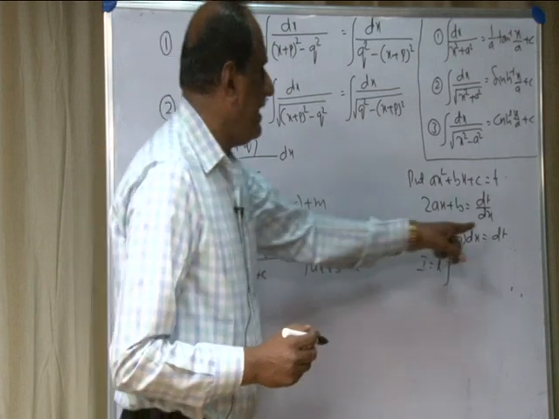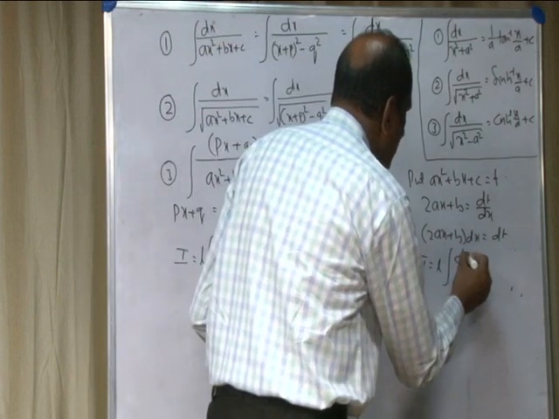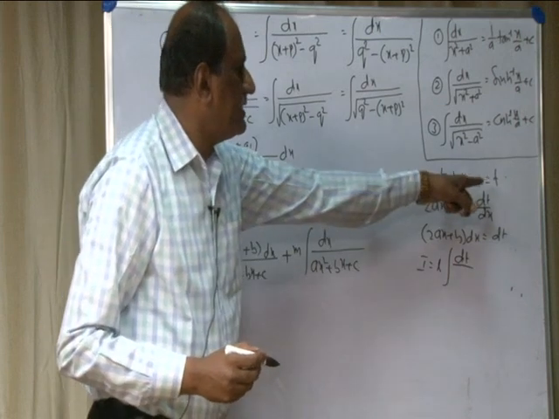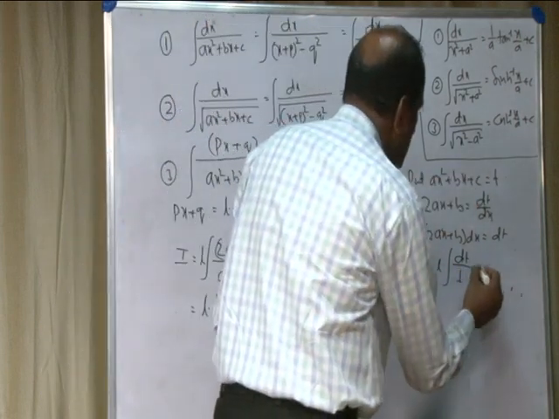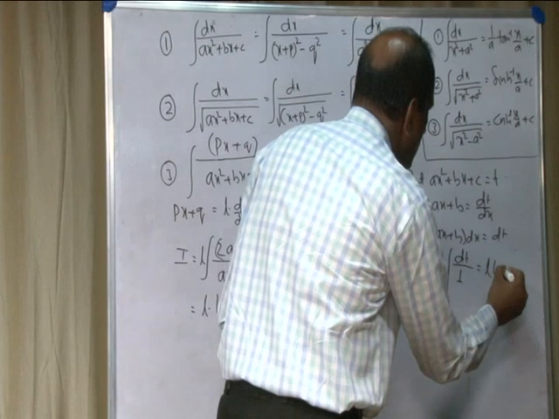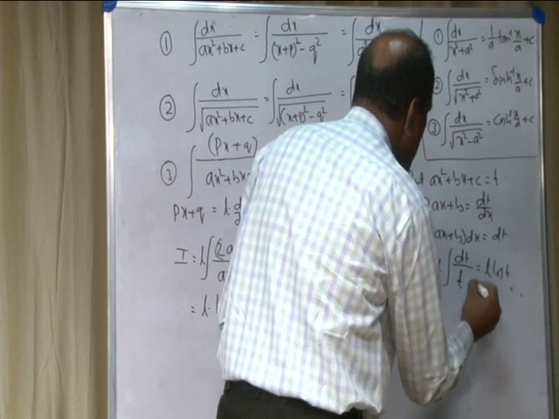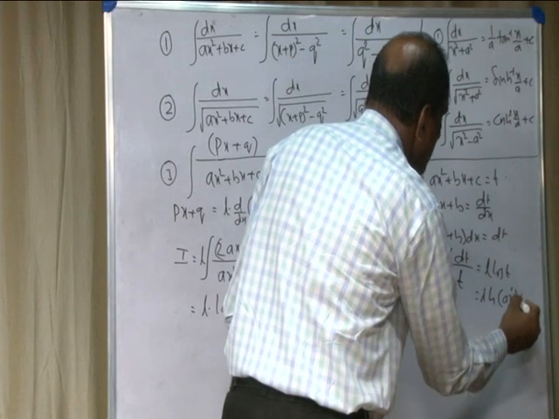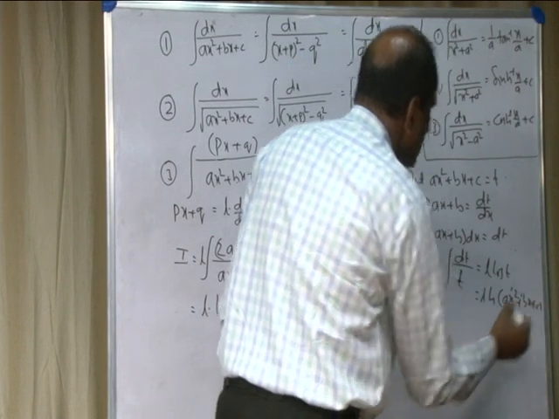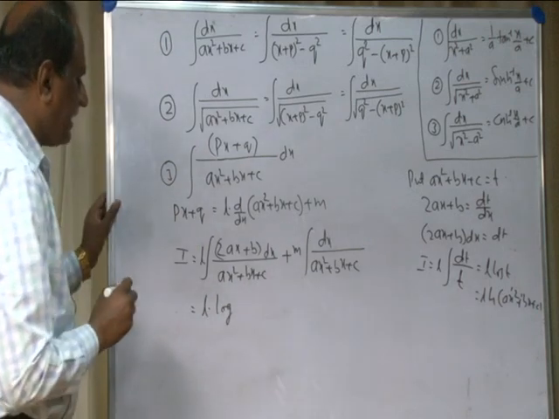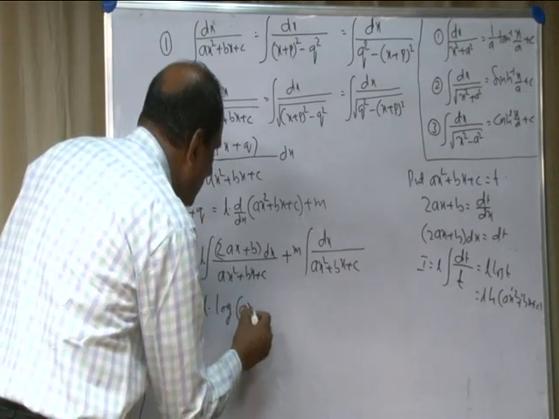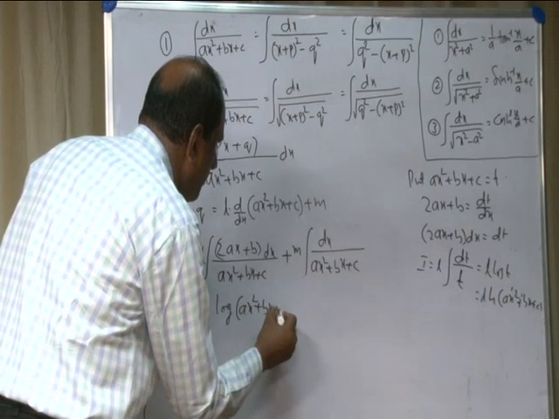2ax plus b dx can be written as dt divided by ax square plus bx plus c, which can be written as t, that is equal to L into log t, where t stands for ax square plus bx plus c. Therefore the first integral is L into log of ax square plus bx plus c.